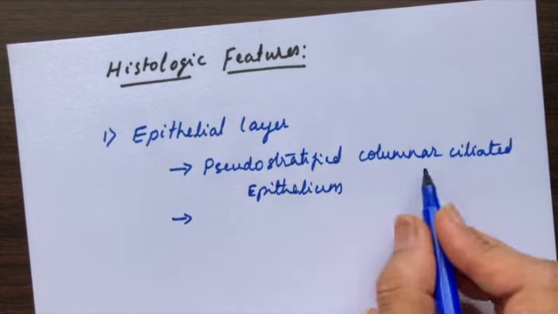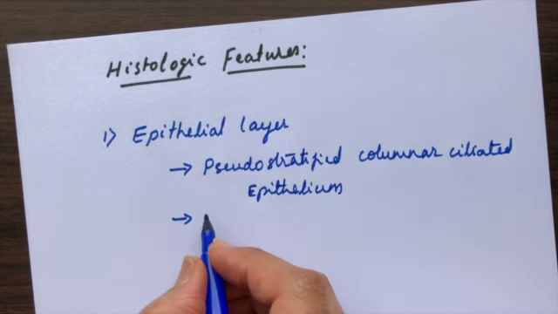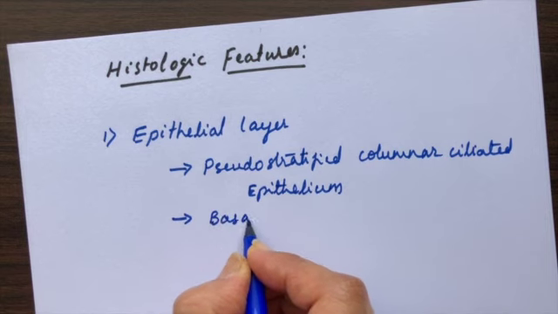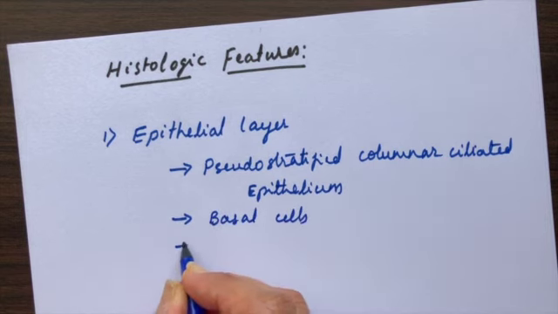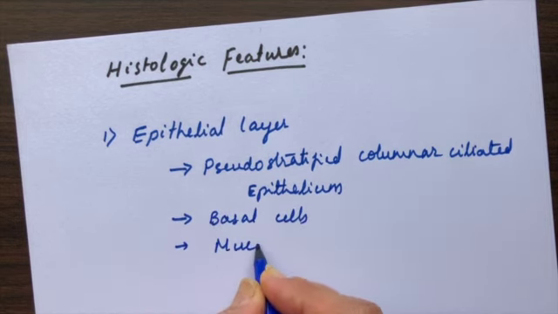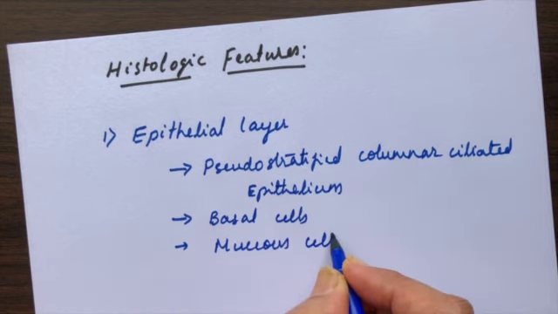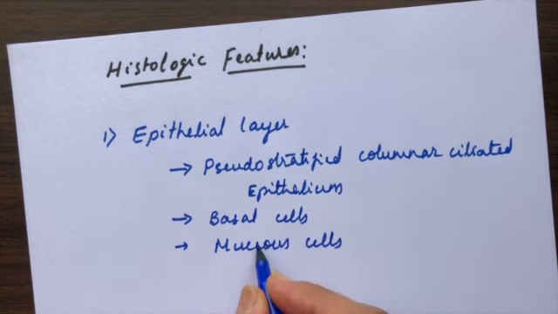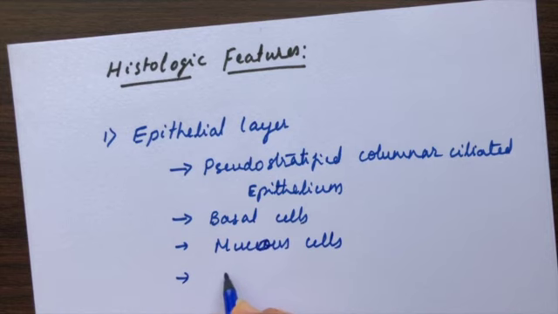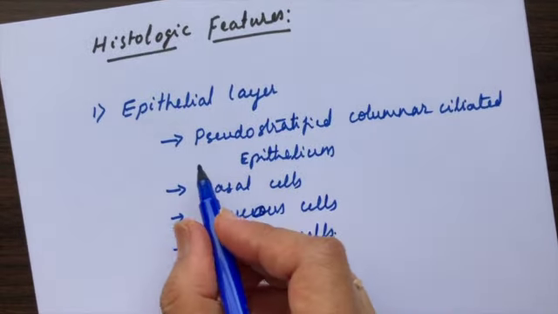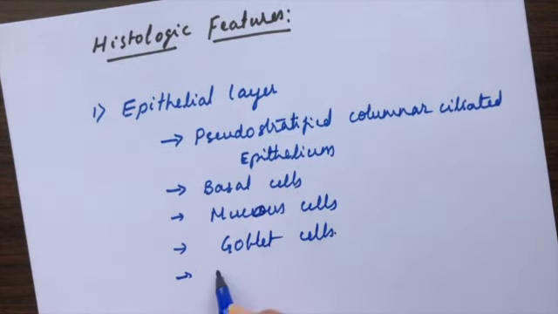Apart from this group of cells, we have a few basal cells, a few mucus producing cells, a few secretory goblet cells, and of course we should also learn about the cilia.